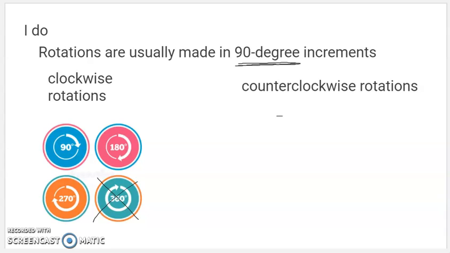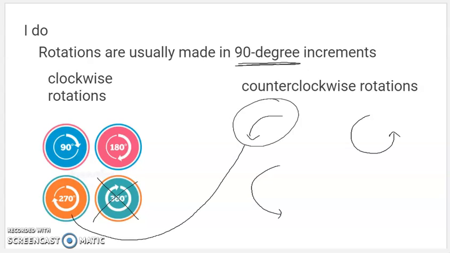Counterclockwise is similar: 90, 180 in the other direction, and 270 in the other direction. You may even notice a counterclockwise rotation that's 90 degrees is the same as a clockwise rotation that's 270. You still end up in the same place, whether you go 90 degrees that way or 270 the other way.